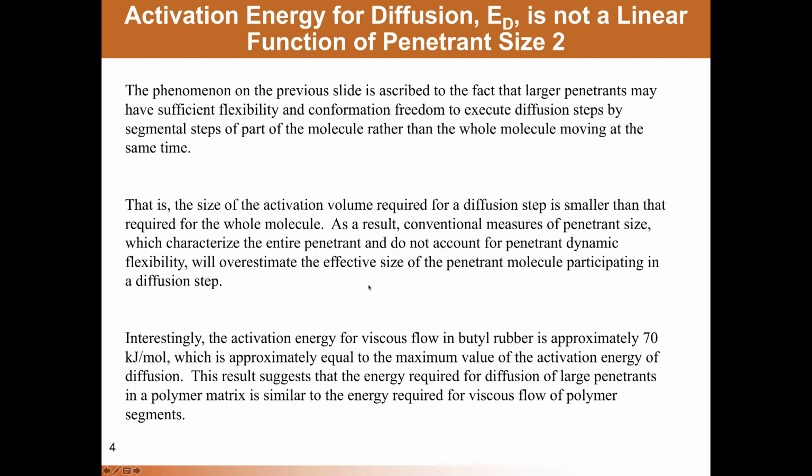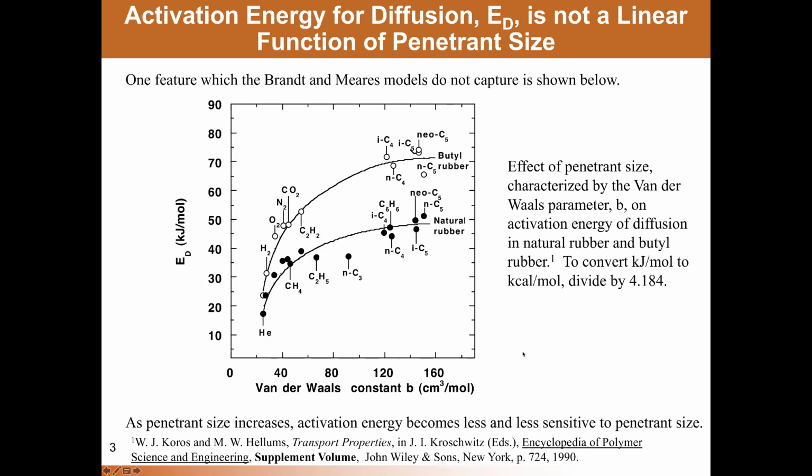It's also worth noting that in butyl rubber, at least, where this maximum is located at 70 kilojoules per mole, that is the activation energy for viscous flow. That is, if you measured the viscosity of this particular butyl rubber as a function of temperature, you would find that its viscosity changed with an activation energy for viscous flow of about 70 kilojoules per mole.